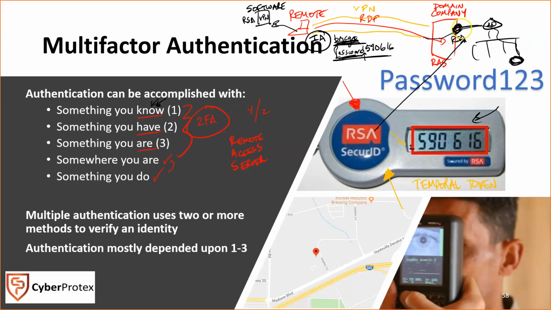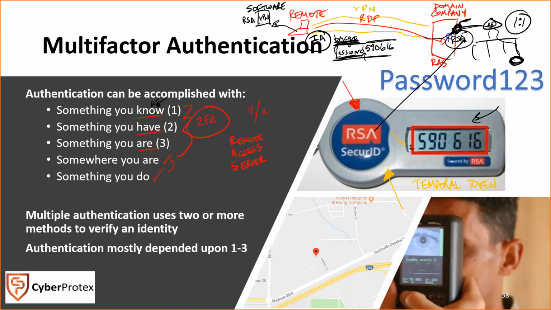That will say, have they provided us a one-to-one match with what we have on file? If so, compare this temporal token with the temporal token that I have on file here.